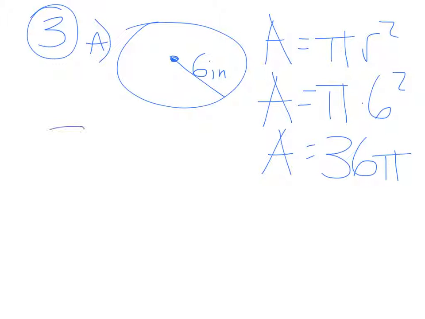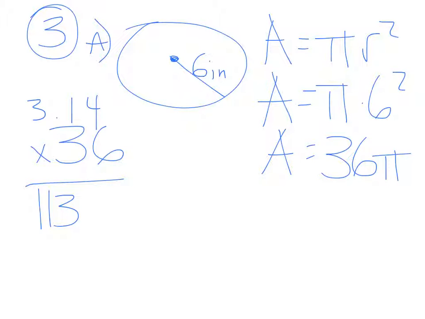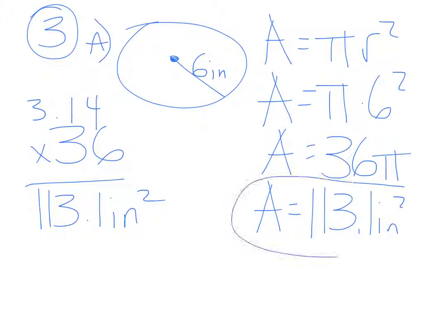Unfortunately, in this case, you've got to do 36 times 3.14. And using a calculator, we get about 113.1 inches squared. Alright, and that is example 3A. Let's try 3B.